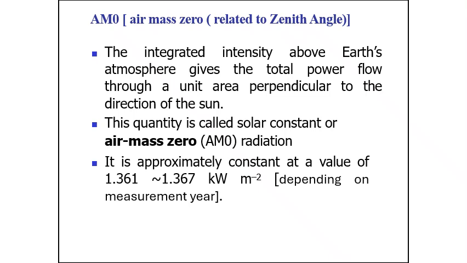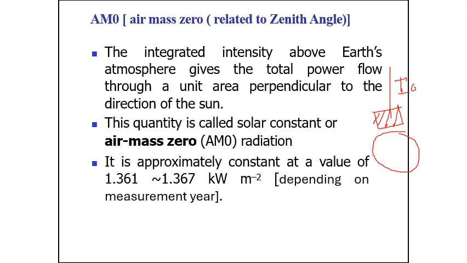So if I consider a unit area that is perpendicular to the direction of the sun, so sunlight is falling on it perpendicularly, and this area is located above the Earth's atmosphere, we can expect that the irradiation falling here will have the value of solar constant I naught. Right, so this quantity that is falling here on unit area is called the air mass 0 radiation.